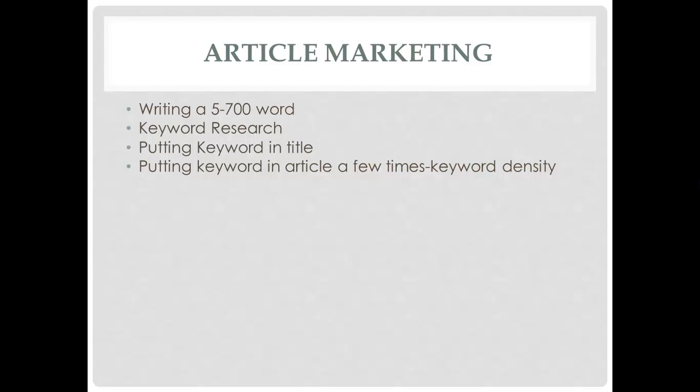That's basically 5 over 500, the total amount of words, times 100 to get your keyword density, which would be 1%. Yeah, about 1%. Now, keyword density is supposed to be about 2.6% to 3%, around there.